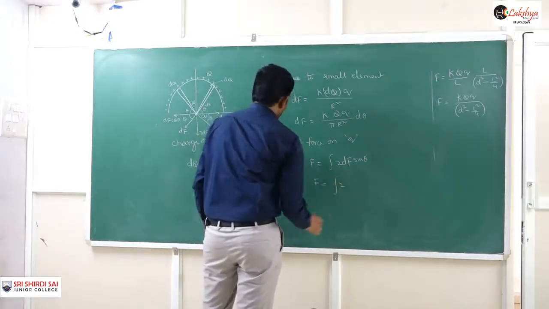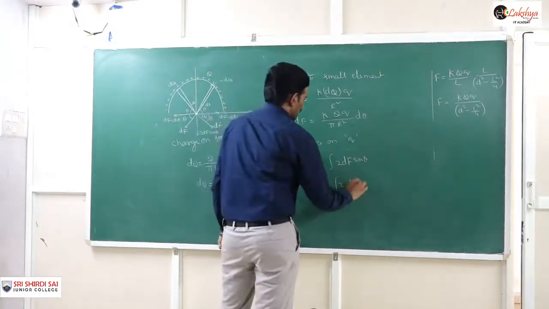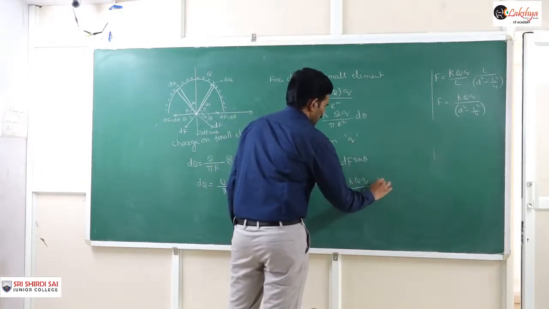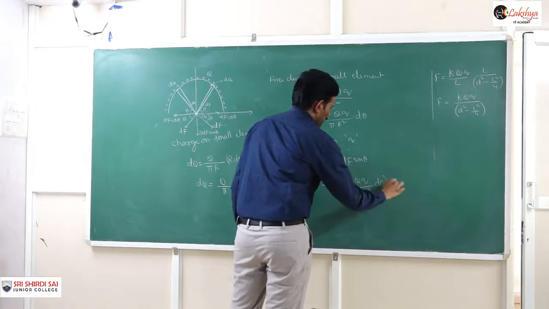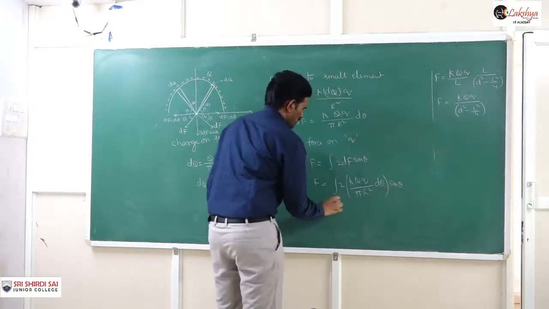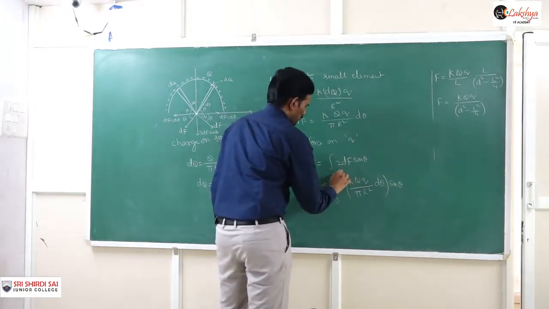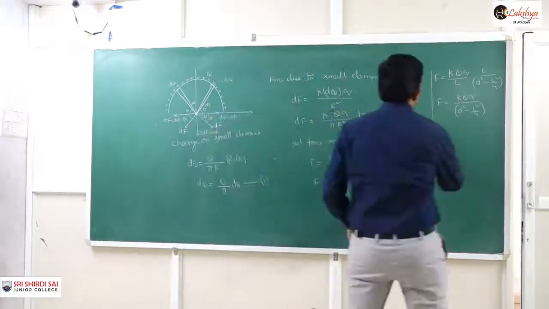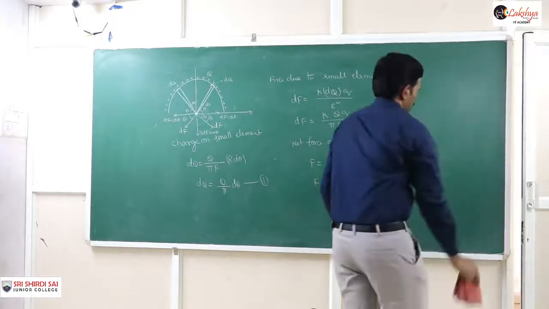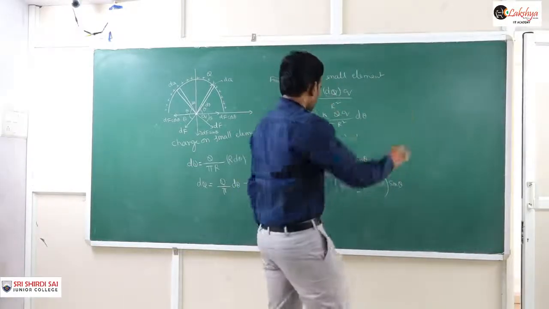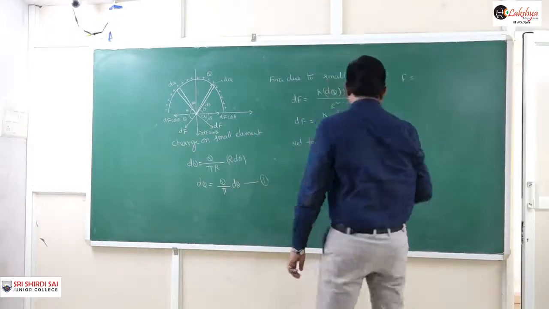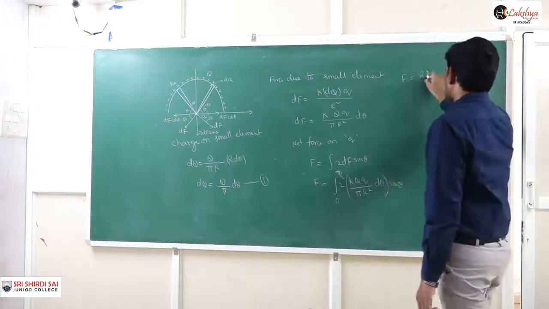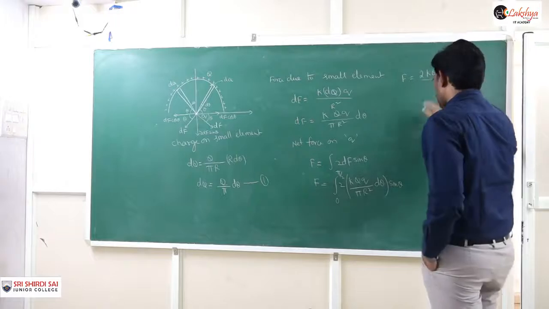So the integral of 2 df. df is nothing but we can substitute here k into capital Q into small q by pi r square d theta. This is our df value, into sin theta. As I said, limits we need to take from 0 to pi by 2 only, because we are taking the factor 2. And so now we can write this as F is equal to, constants I am writing outside, 2 k capital Q into small q by pi r square.